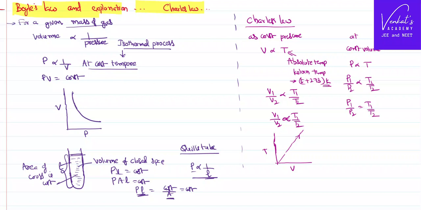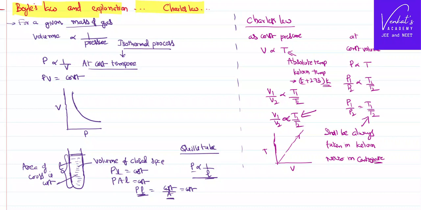But be careful while applying these laws that this temperature shall always be taken in Kelvin, absolute temperature, never in centigrade. That's a basic rule to solve these problems based on gas laws.